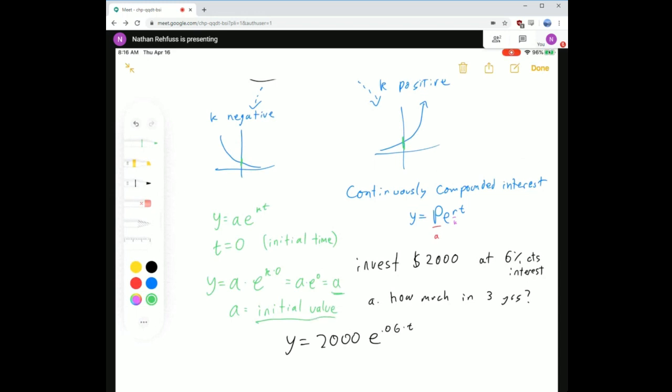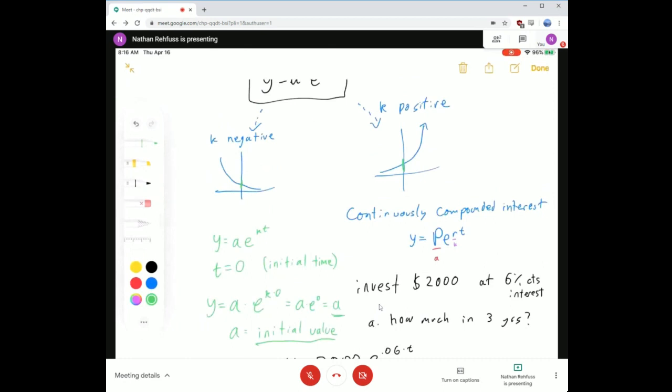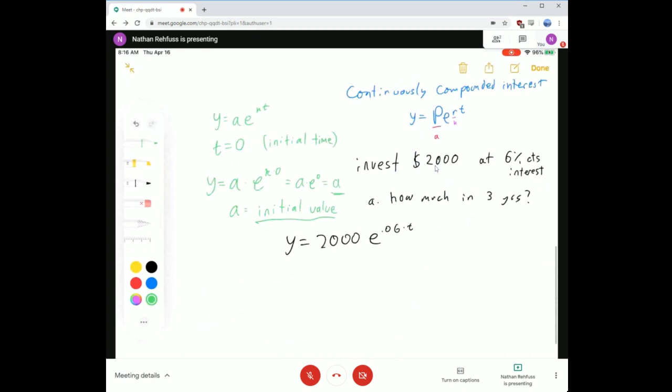So this coefficient right here, whether you call it p or a, it tells you how much money you have at time 0. So down here, when I say I invest $2,000, I'm investing it at time 0. Let me enunciate that. I'm investing this $2,000. The moment I invest it, we're calling that time t equals 0. And then I'm going to find out what I have at time t equals 3. But that means that this coefficient right here can just be 2,000 because that's the initial value.